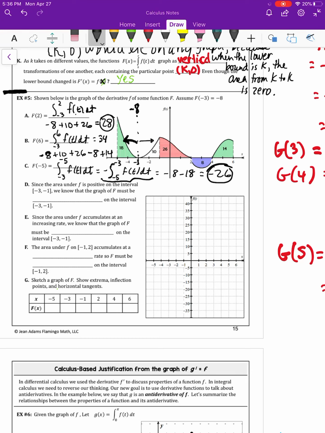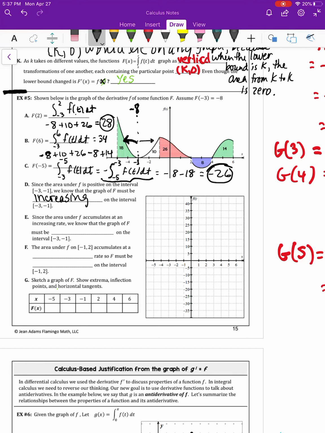All right, letter D. Since the area under f is positive on the interval negative 3 to negative 1, we know that the graph of F must be what on that interval? Think about it: the area under it is positive, so that is increasing.